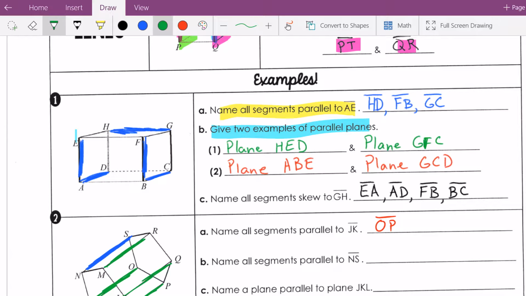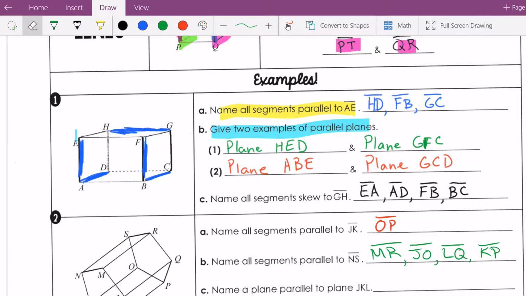And we're just going to name it that way. MR, JO, LQ, and KP. So those are all the ones that are parallel to NS.